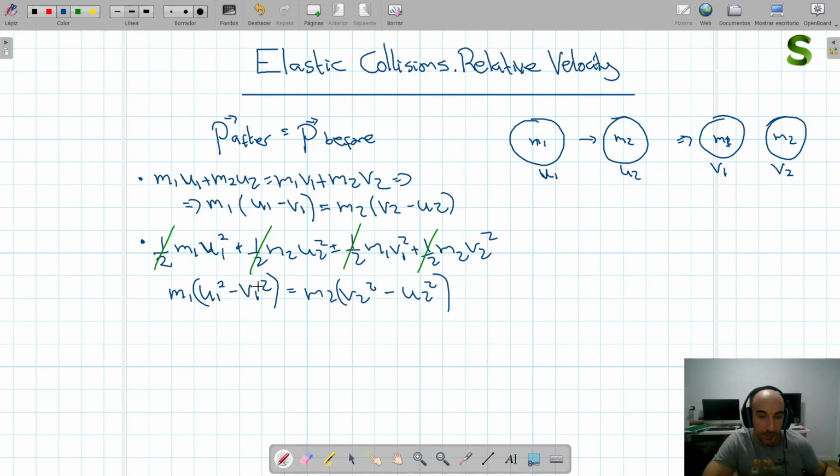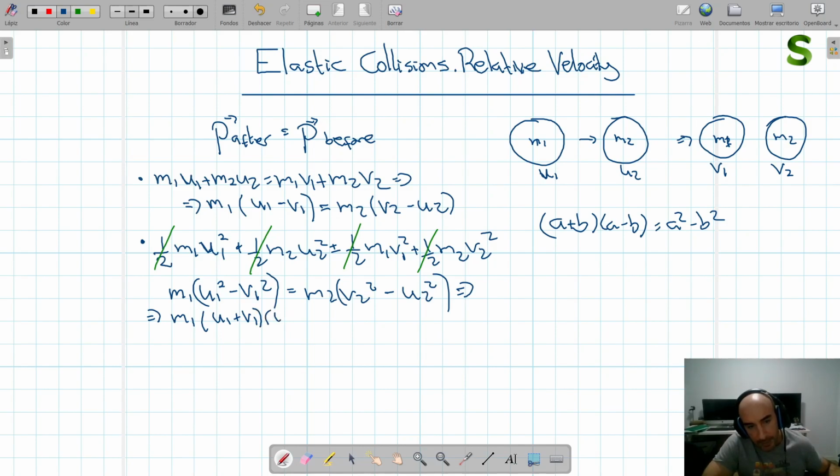Okay, but u1 squared minus v1 squared is a difference of squares. If you remember, a plus b times a minus b equals a squared minus b squared. Okay, so I'm going to apply that here, and I'm going to rewrite this equation as m1 (u1 plus v1) times (u1 minus v1), and that equals m2, and I'll do the same thing here, (v2 minus u2)(v2 plus u2).